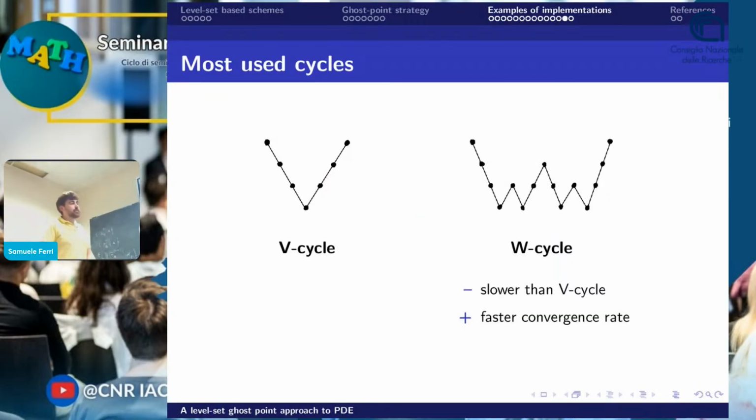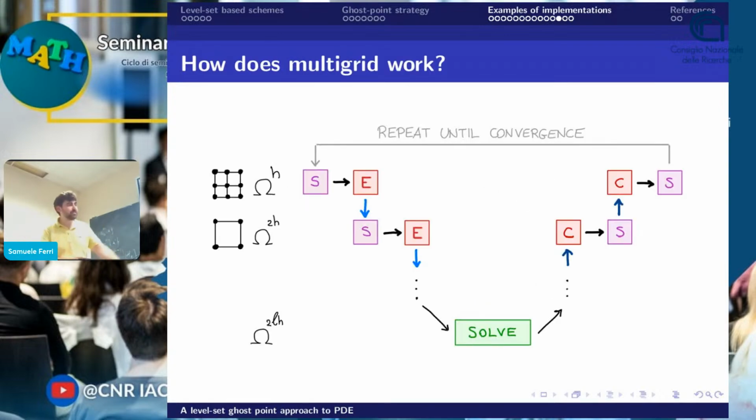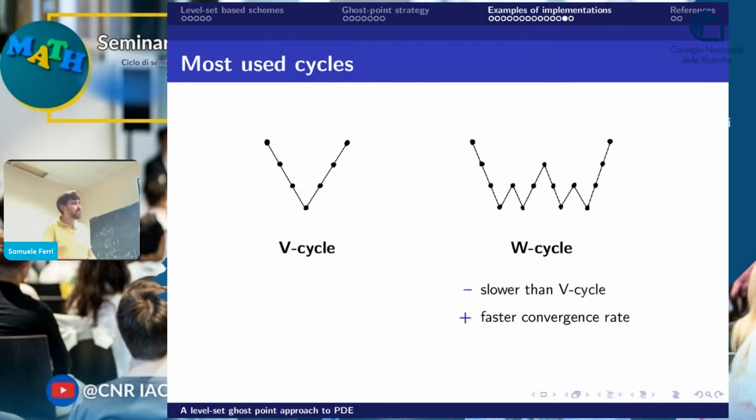In the multigrid, there are two main, most used cycles. The first one is the V cycle, which is actually this picture, as you can see. So we start from the finest grid, we go down, and then we go up. With the second one, which is the W cycle, we go down, solve a system, we go up, we go down again, we solve the system, we go up, and we do some up and down until convergence.